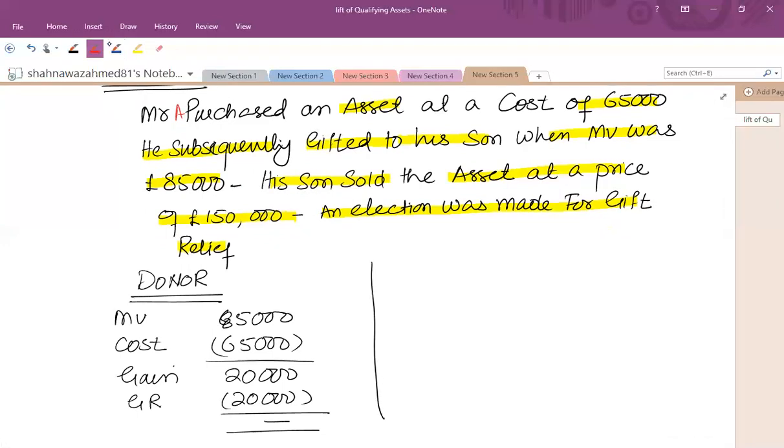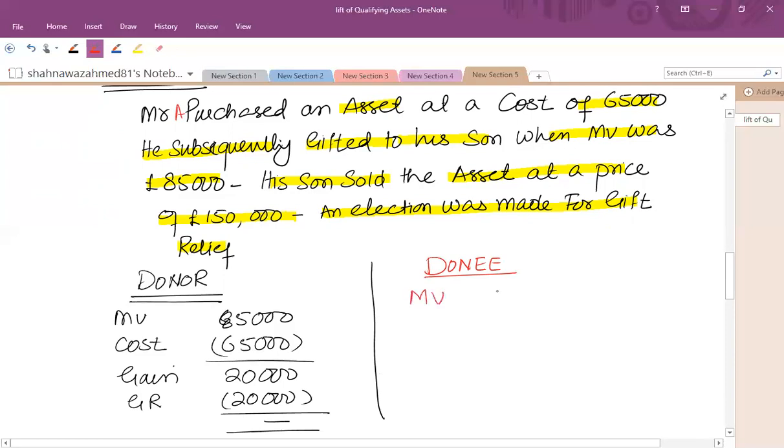Now, from the donee's point of view, the deemed cost is the market value, and that is 85,000. Deduct the gift relief from this, 20,000. So the base cost is 65,000, to be used subsequently for the gain calculation.